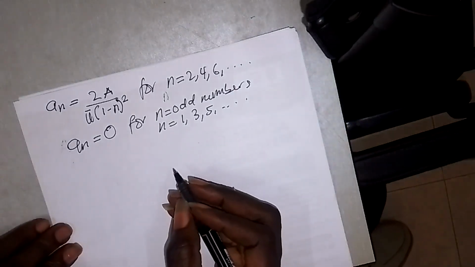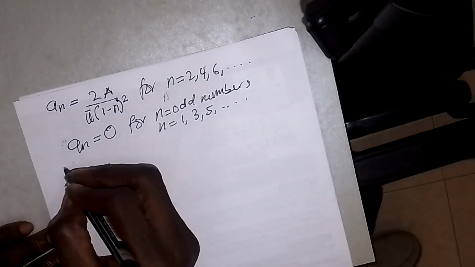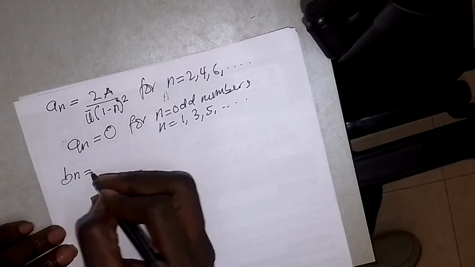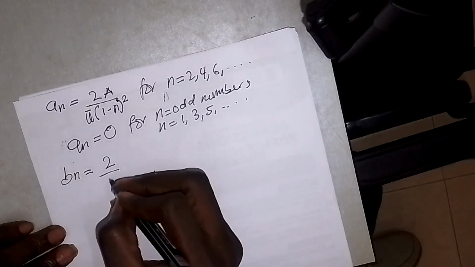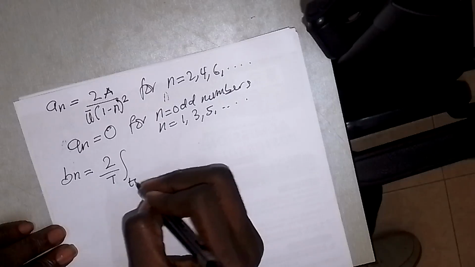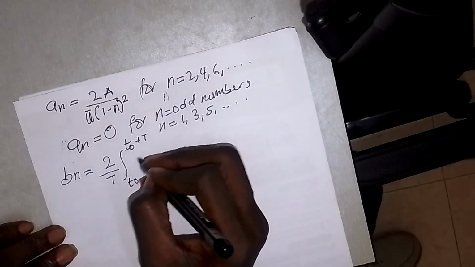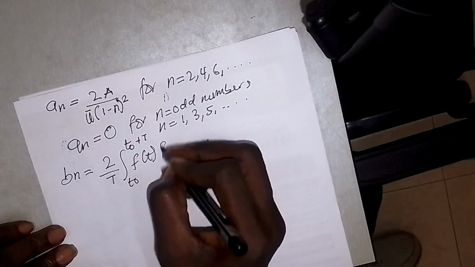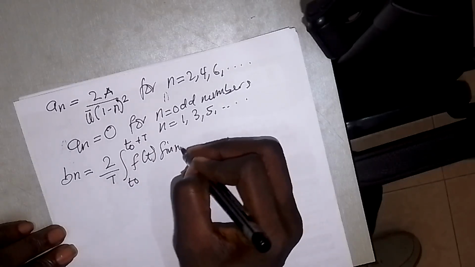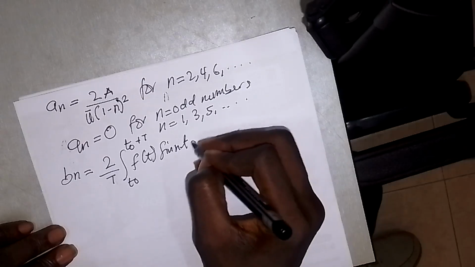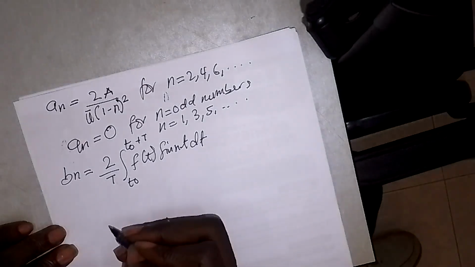Alright, so now here Bn is equal to 2 on T into the integral over T0 to T0 plus T of f of t sine n t dt.